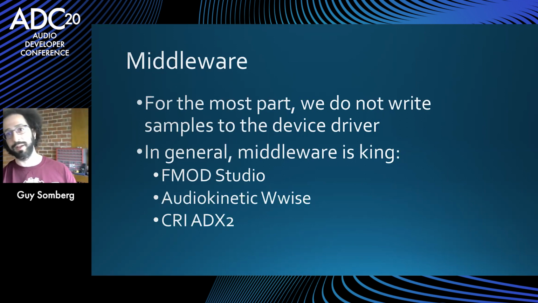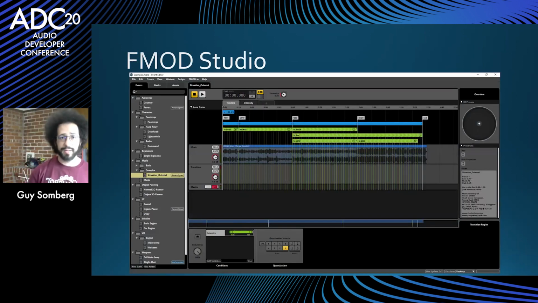So let's take a look. Here's FMOD Studio. This particular track is a music event that has a resting intensity and low, medium, and high intensity tracks. There is a single parameter that the game can send that says how intense it should be right now.